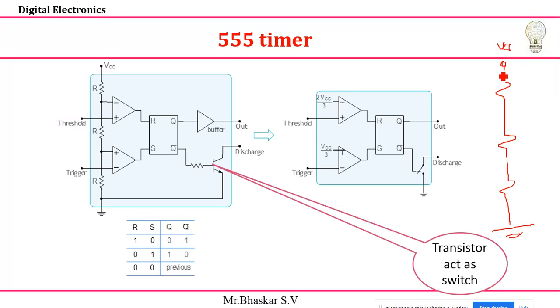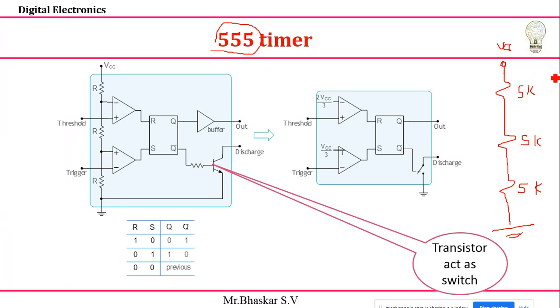Each resistor value I'm going to take as 5 kilo ohm. That's why we use three 5 kilo ohm resistors in the internal structure of the 555 timer. That's why it is called 555.